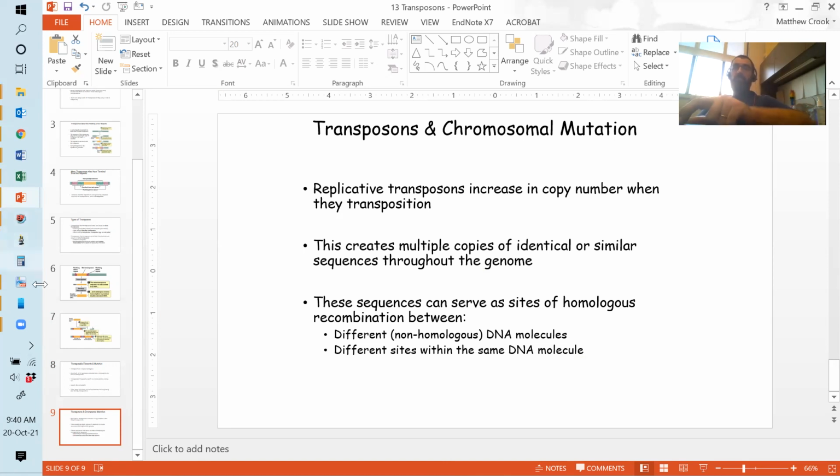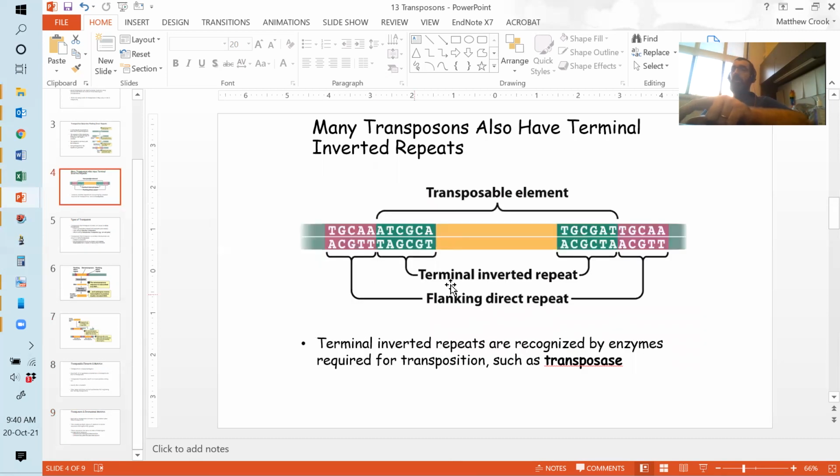And they're also very useful in molecular biology, or at least until CRISPR-Cas9 came along, because essentially what I was trying to do was cut out the center of a transposon using molecular biology techniques.